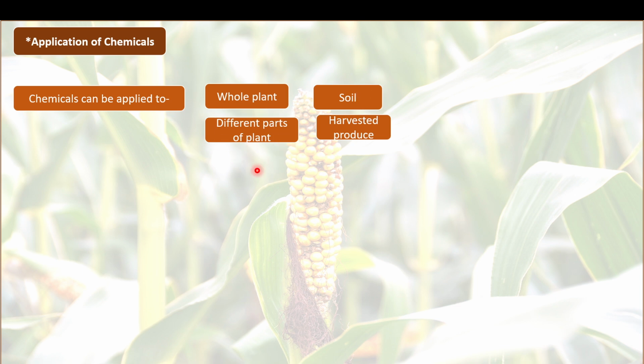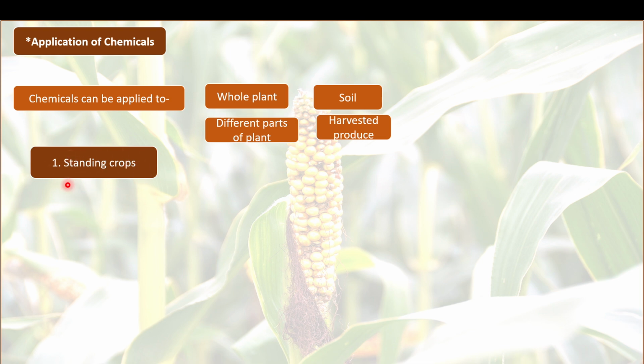Different parts of the plant are also important to save, and even after getting the produce from your plant, it has to be saved from the action of pathogens. So let us understand that when I say whole plant or different parts of the plant, I mean standing crop, right?